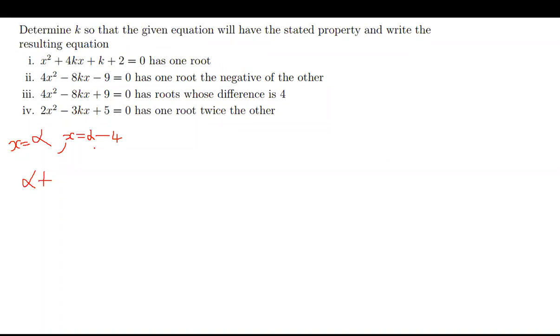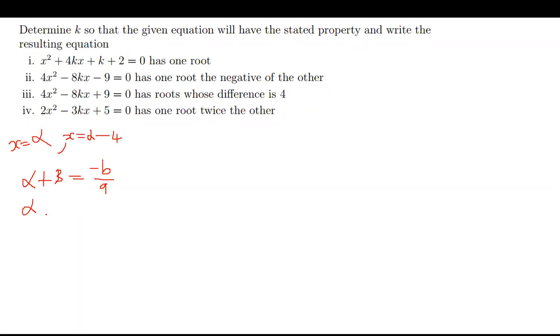In our case here, the other root that we have is this, so where there is beta, we just have to replace with that. Alpha plus beta is given by negative b over a. So where there is beta, we replace with alpha minus 4.